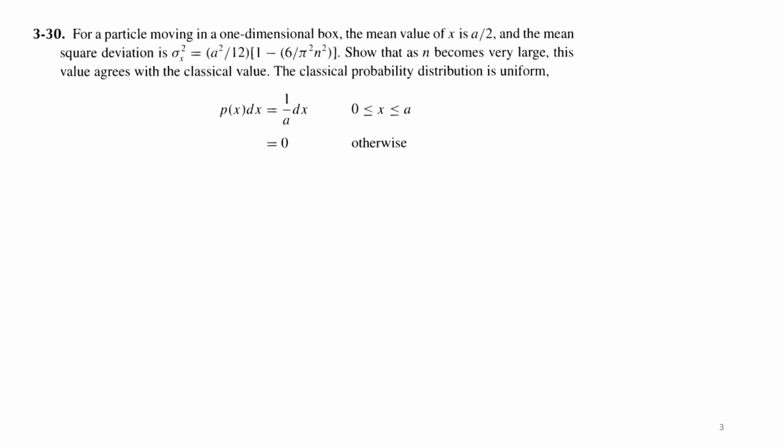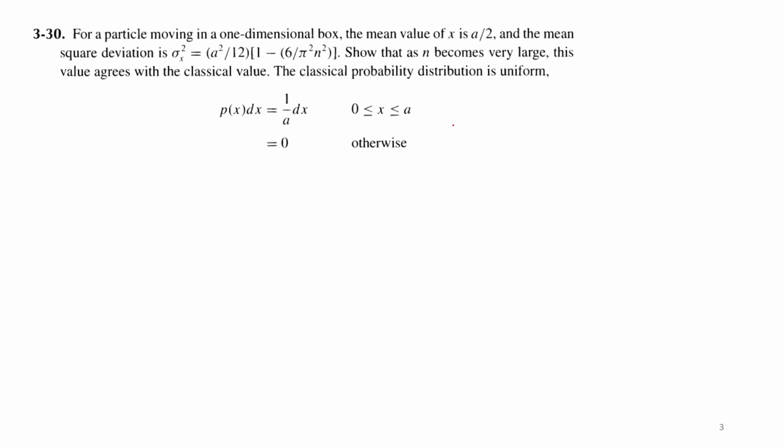The mean value of x is given, and the mean square deviation is also given. You need to see whether, when n becomes very large, the classical and quantum mechanical pictures become similar or not.